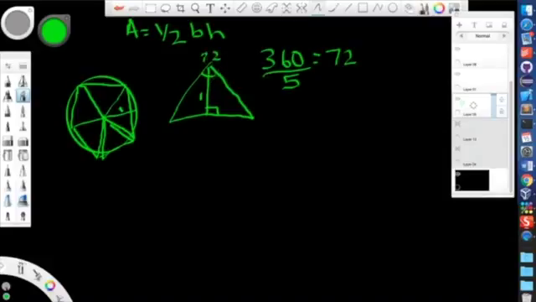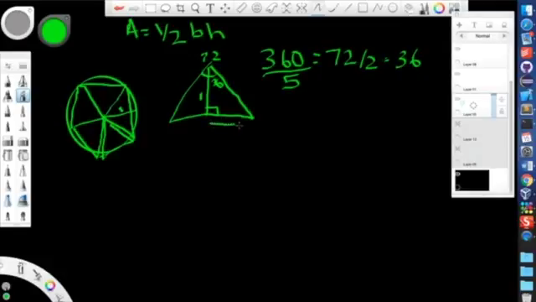And we're going to split this up in half so we can get this angle, which is 36. 72 divided by 2 equals 36. So we have this angle here is 36. This side is 1. The length of it is 1. This angle is 90 degrees.